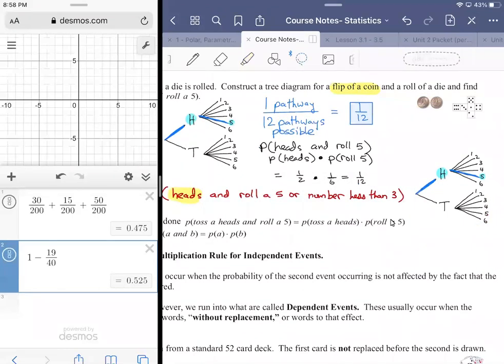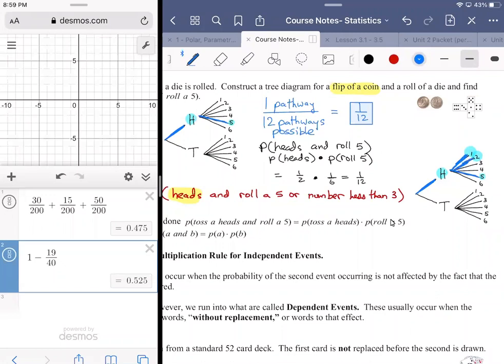The same pathways are still fine, but then I would also have to include numbers that are less than 3. All right, so that would be this guy and this guy. So I would have 2 additional pathways along my tree diagram.